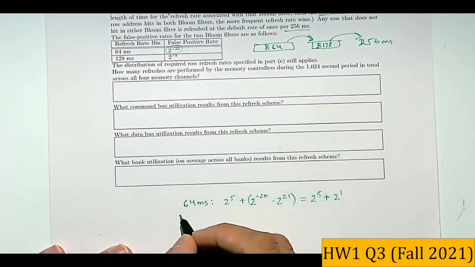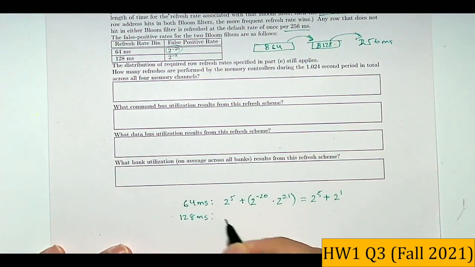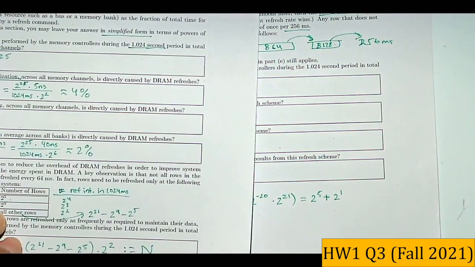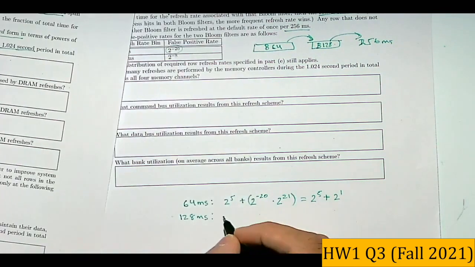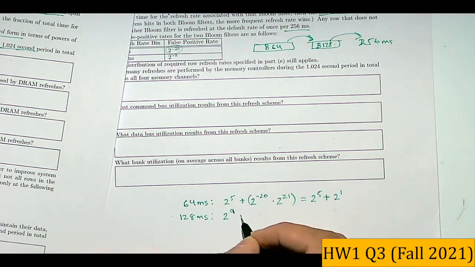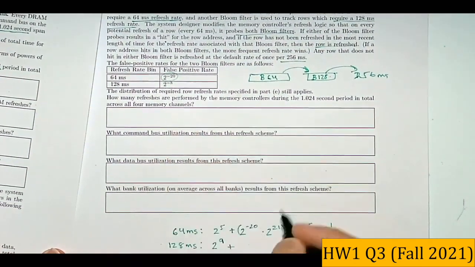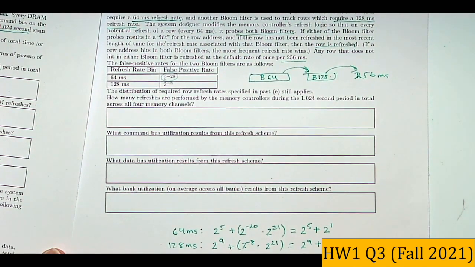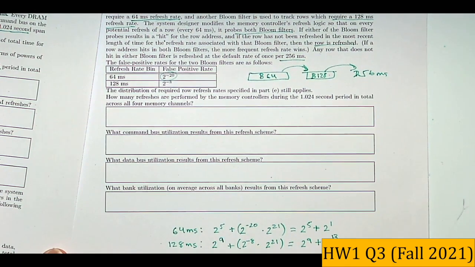So now we consider the 128 millisecond bin. In the 128 millisecond bin, we have 2 to the 9 rows, right, that fall into this bin. And then we have a different false positive rate. So we're going to have 2 to the minus 8 times 2 to the 21, which is 2 to the 13 rows, plus the 2 to the 9.